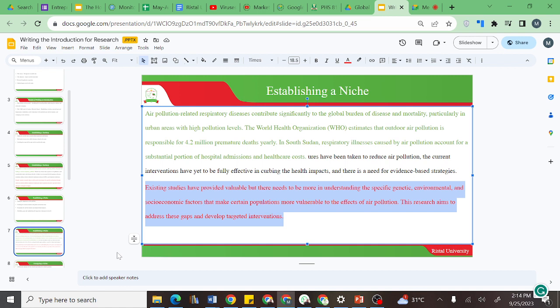After stating the gap, you need to state what needs to be done. And what needs to be done is basically what your research is intending to fill. That is about that.